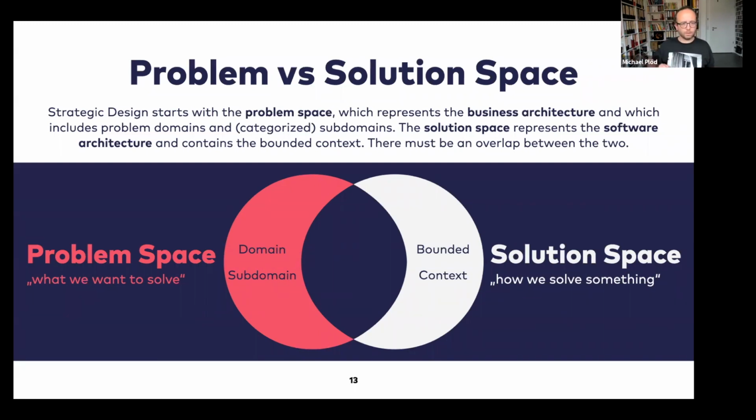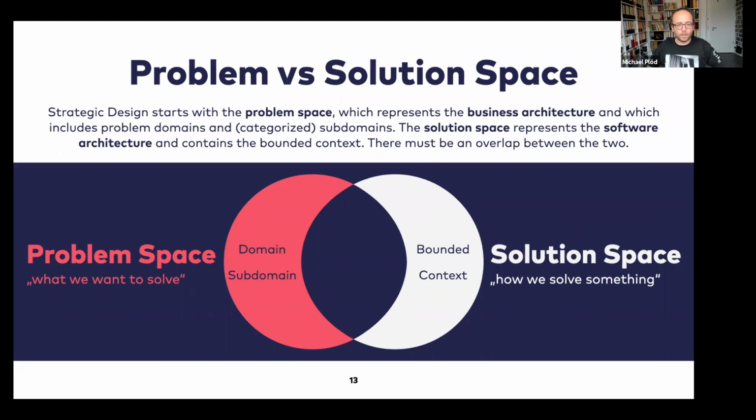On the other hand, we have the solution space. There, we talk about how we solve something, AKA, this is about the software architecture. And what we want to do is align the software architecture side and the business architecture side together, so that there is a strong alignment between the what and the how.